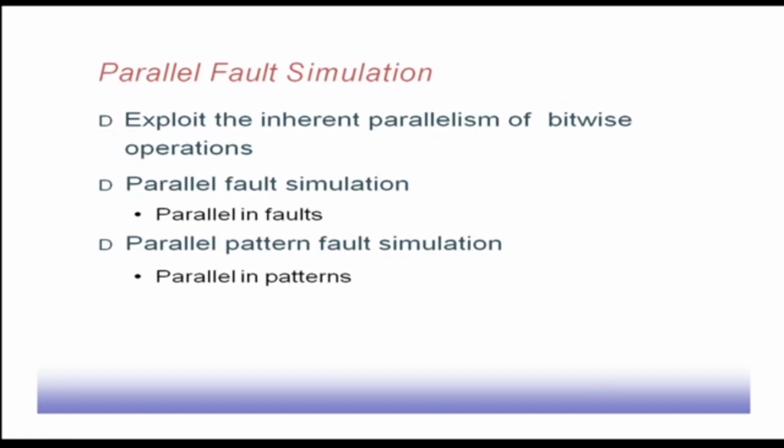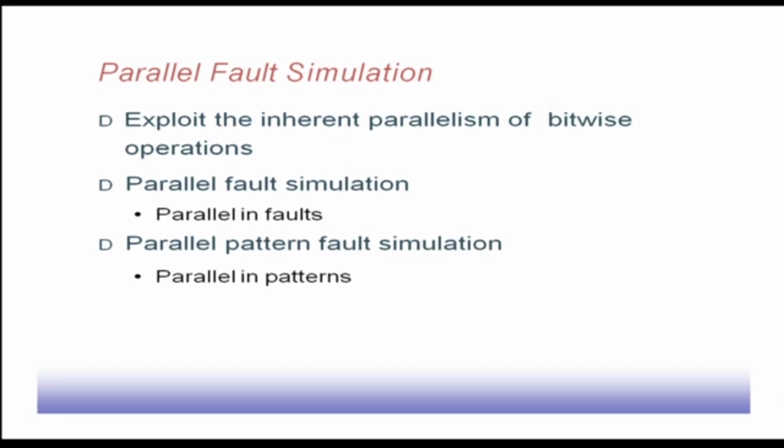So people have started looking for a faster version of this fault simulation process, and accordingly many other simulators have come up. One of them is known as parallel fault simulation. Again, the same thing as we were talking about in logic simulation, we have the word size of the processor or the computer on which you are running the fault simulator.